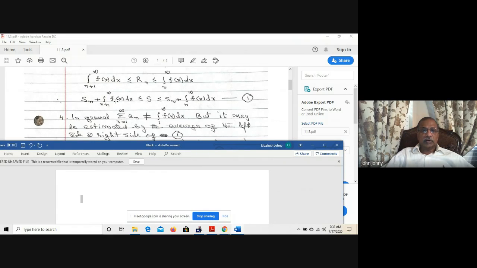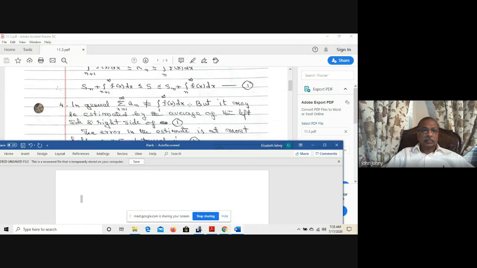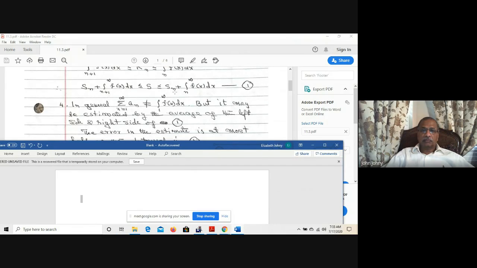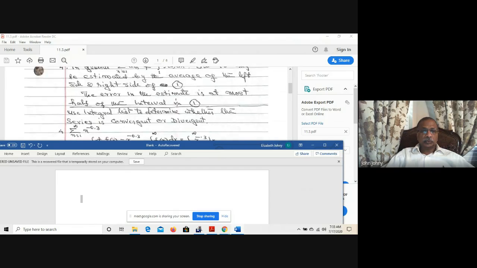So if you find the average of these two expressions, that is a good estimate. The error in the estimate is at most 1/2 of the interval in 1. So you have to find that interval and then divide it by 2.